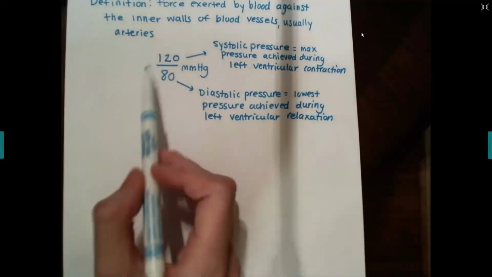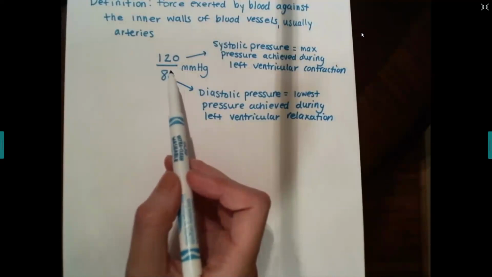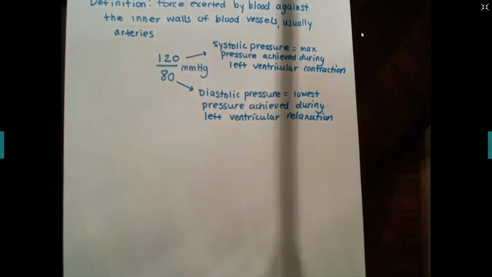I always pick on him or my parents about the bottom number, because that left ventricle is supposed to produce some pressure when it contracts in the walls of those arteries. But the bottom number is more telling. The bottom number means that when that ventricle is relaxed, how much pressure stays within that artery?